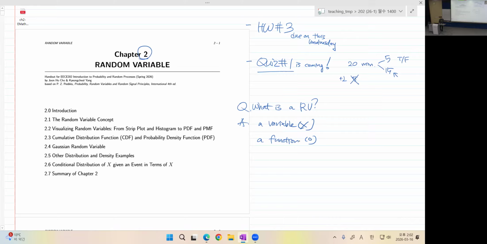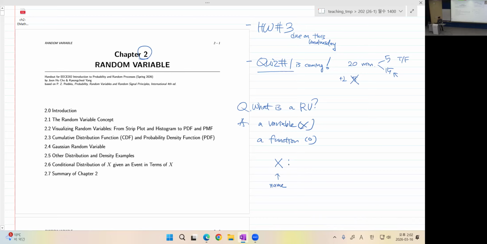If a random variable is a function, usually we assign a name. In this textbook and almost every textbook and research paper, people use capitalized or uppercase letters X, Y, Z, and so on. Got it? So this is the name of a random variable.